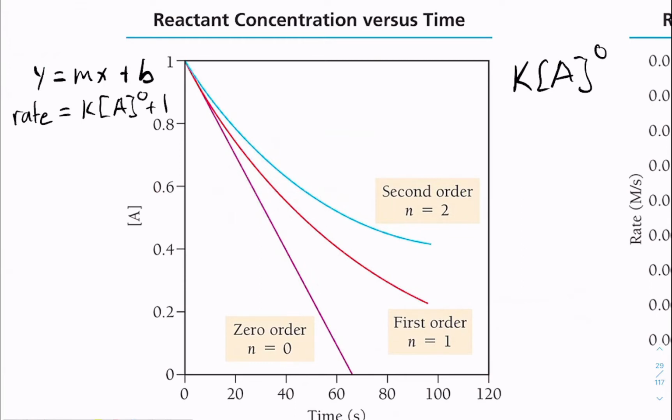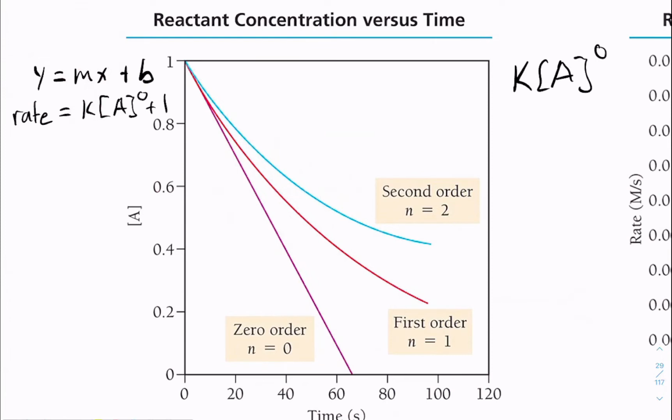So the rate law is in a format that is plottable as a linear equation. So the slope of this line is k. And that's the only thing that determines the rate of that reaction. It's not changing over time because the slope here is k. And then x in this scenario is the concentration raised to 0, so it's just 1. So it's not changing as that concentration changes.